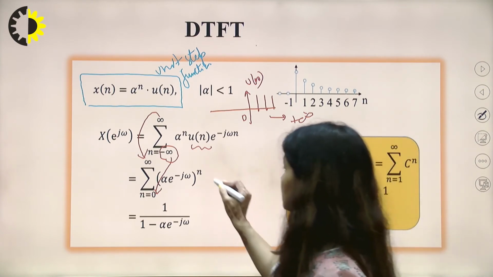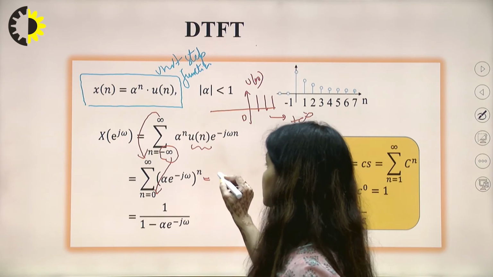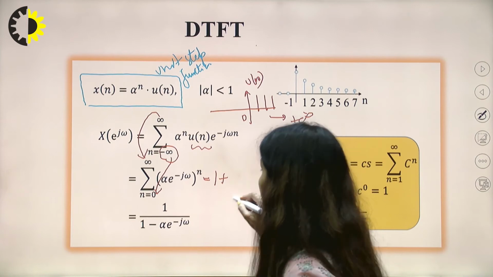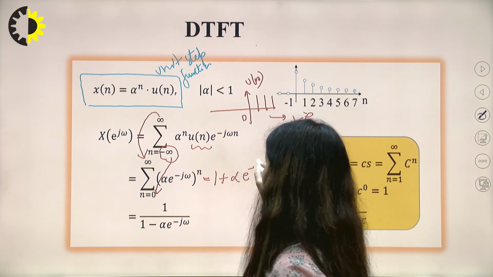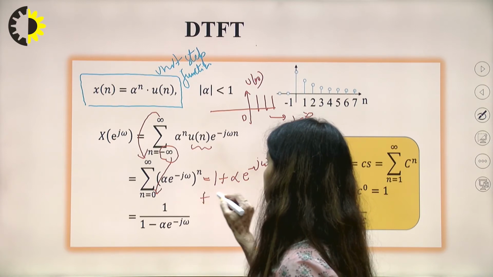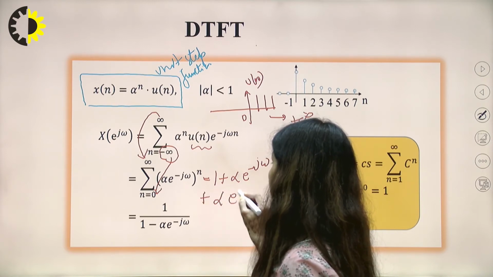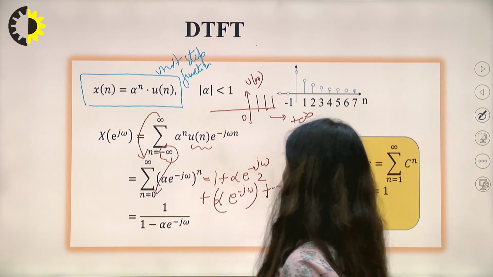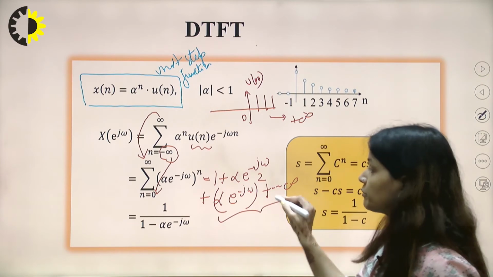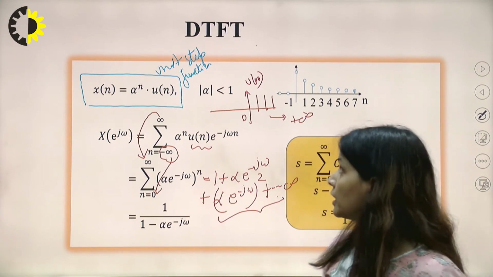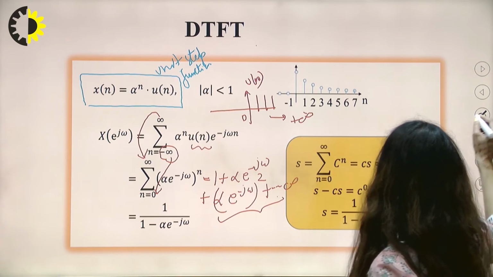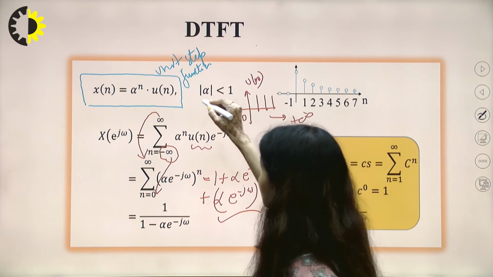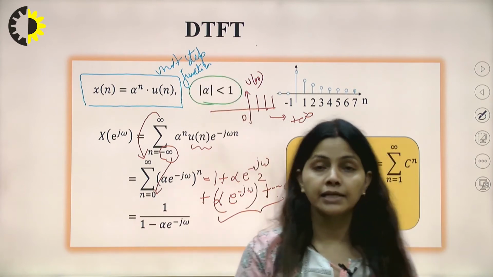And now if I just expand it, it will be 1 plus αe raised to the power minus jω, plus (αe raised to the power minus jω) squared, and so on up to infinity. Now this is the summation of an infinite series. Here it is given that the mod of α is less than 1.